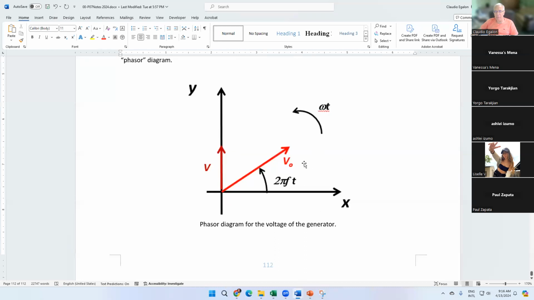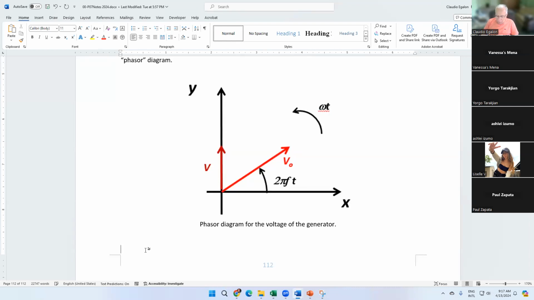We know that this is moving in a circular fashion. Can you picture that? As time goes by, this vector is rotating around the XY plane. It's a very intuitive way of seeing this type of mathematical relation.